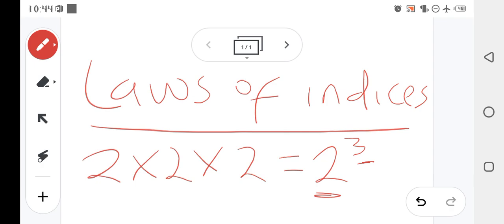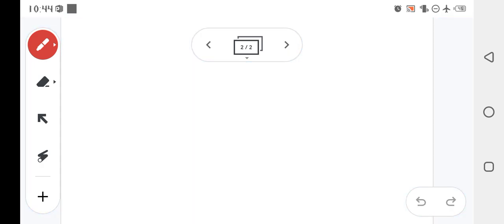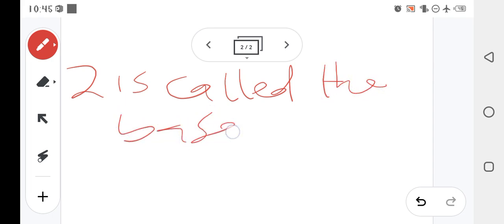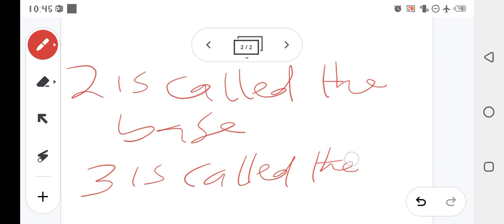So 2 is called the base, while 3 is called the power, or you can call it index.